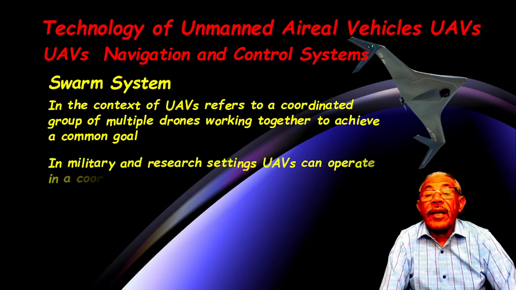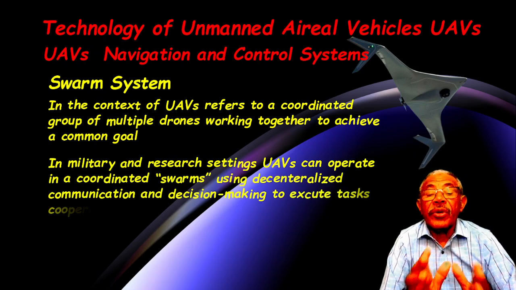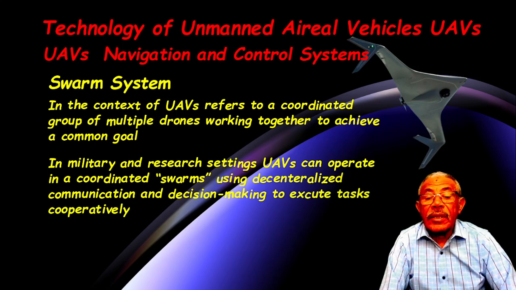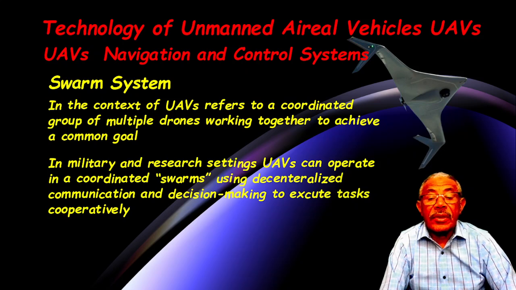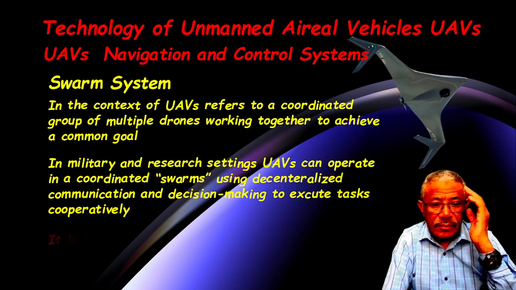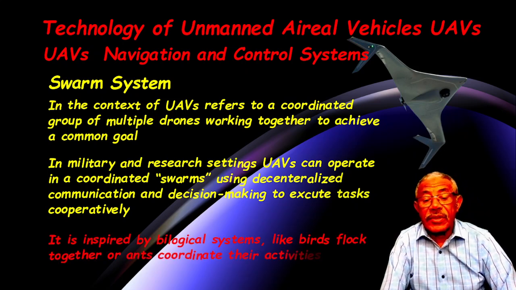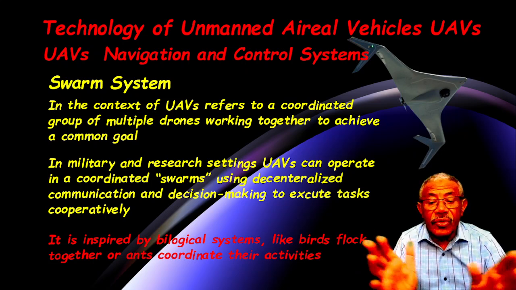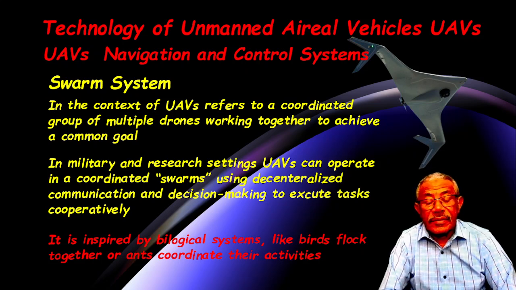In military and research settings, UAVs can operate in a coordinated swarm using decentralized communication and decision making to execute tasks cooperatively. It is inspired by biological systems like birds flocking together or ants coordinating their activities.